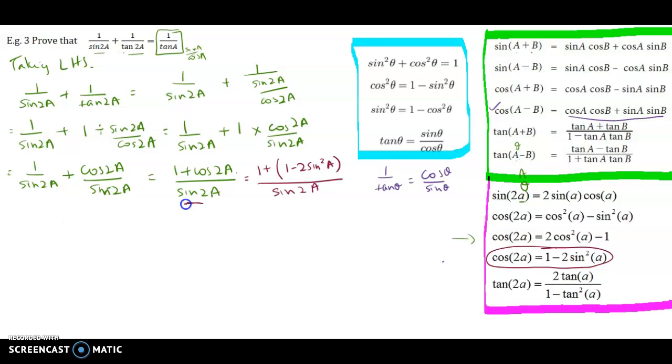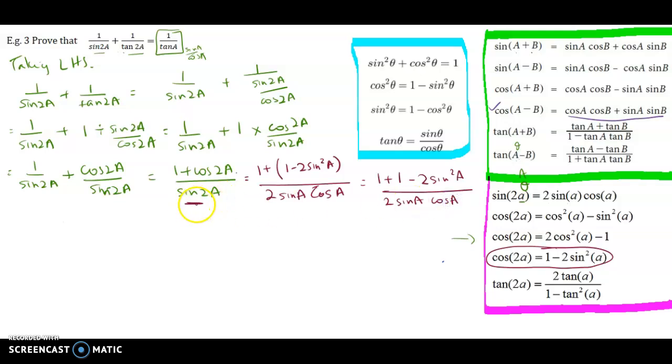But you know what? Let me substitute for sine 2a as well. Sine 2a is actually 2 sine a cos a. So I'll put that in one time, 2 sine a cos a. Now simplifying the numerator, I will get 1 plus 1 minus 2 sine squared a, over 2 sine a cos a.